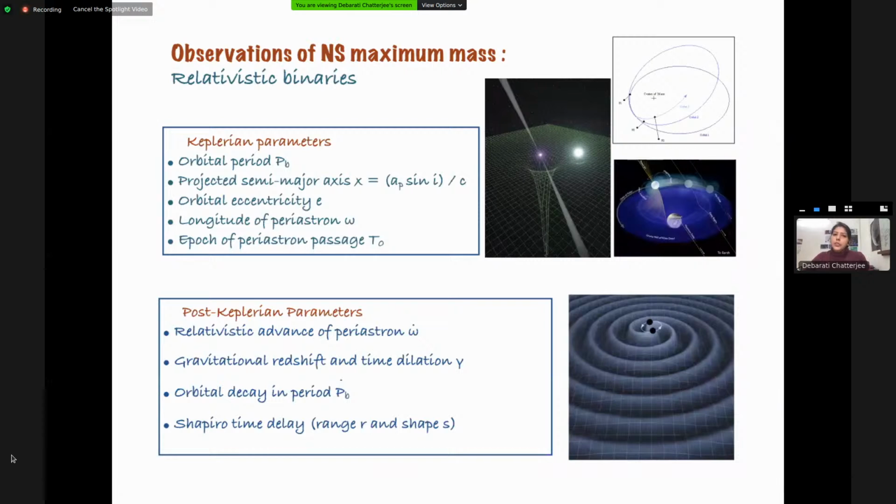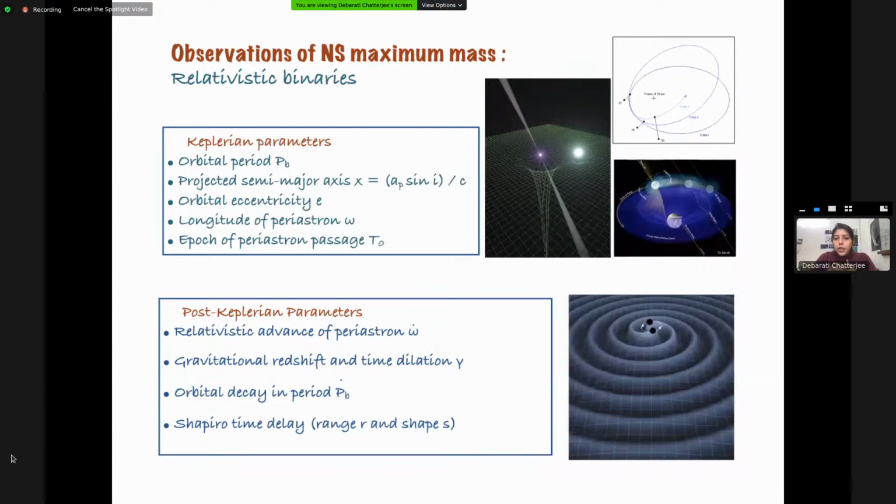Relativistic binaries of neutron stars help us very accurately determine the masses of neutron stars. The reason is that when there are two neutron stars in a binary, we can measure not only the Keplerian parameters, which you must have read about in mechanics as parameters that follow Kepler's laws.